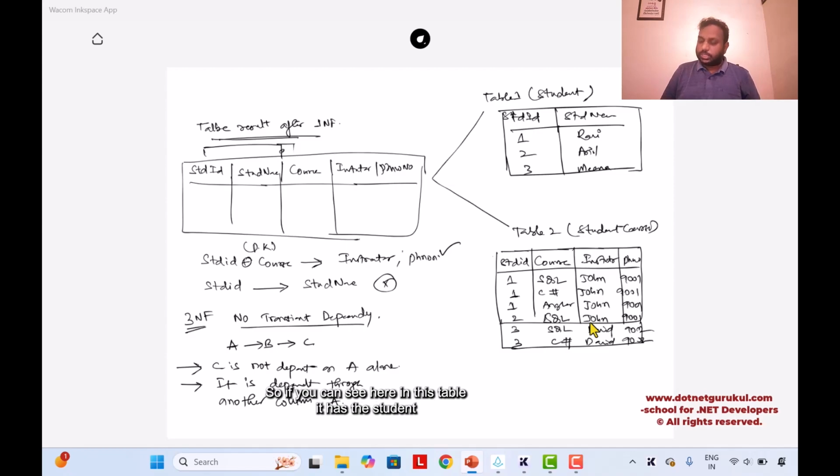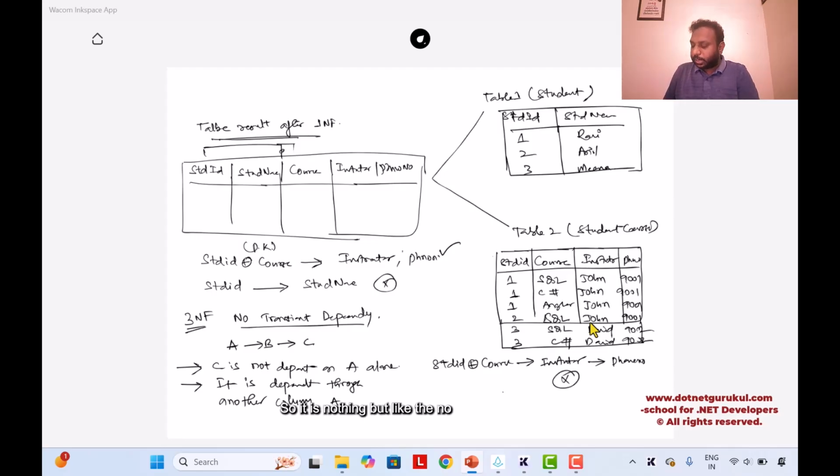So if you can see in this table, it has the student ID, courses, and the instructor and the phone number, right? So based on this student ID plus course composite primary key, I'm able to find the instructor, right? And based on the instructor name, I'm finding the phone number, which is wrong.